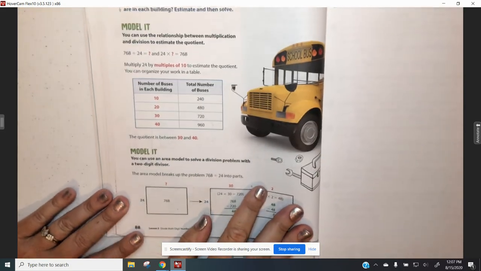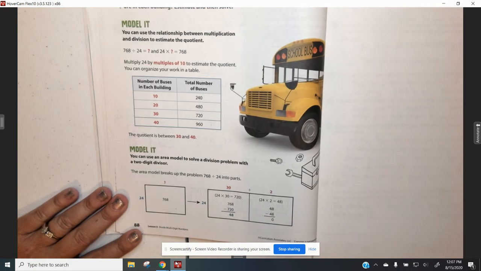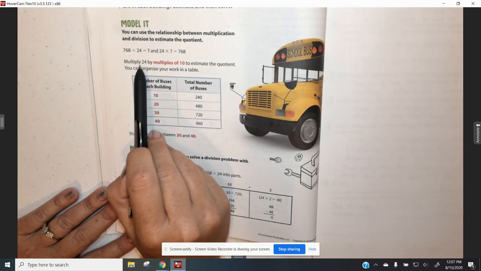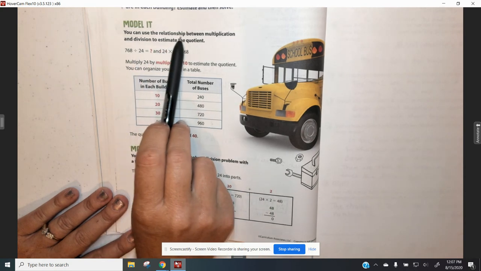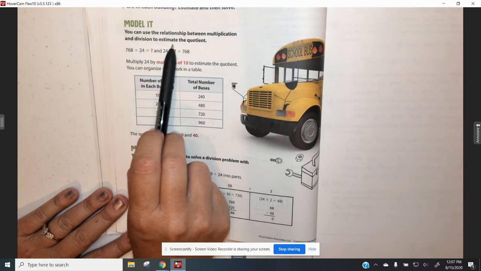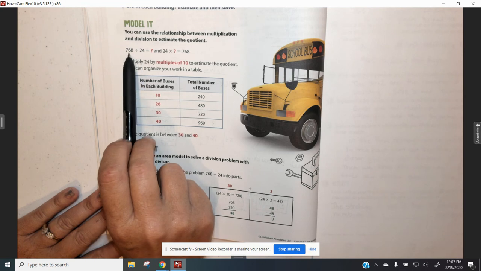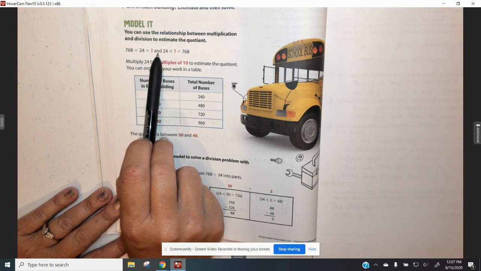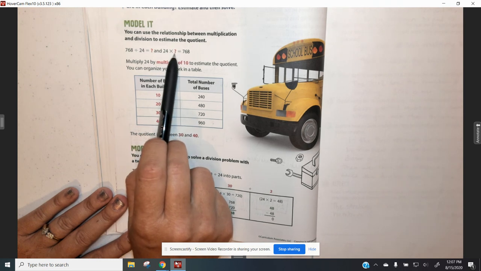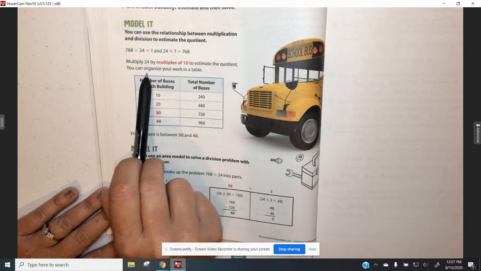So in the Model It, this is talking about estimation. So you can use the relationship between multiplication and division to estimate the quotient. So 768 divided by 24 is the same as 24 times whatever that number is equals 768.